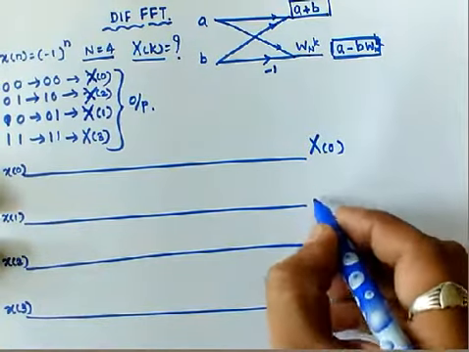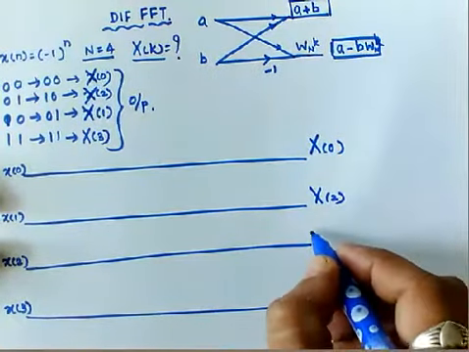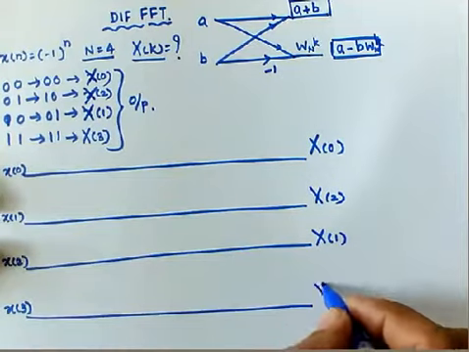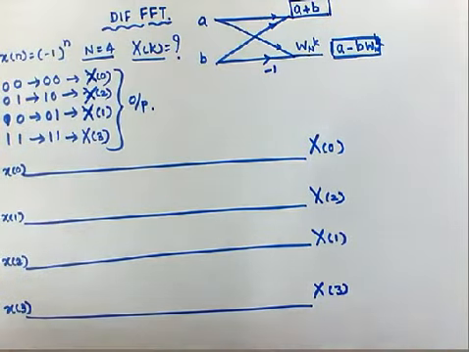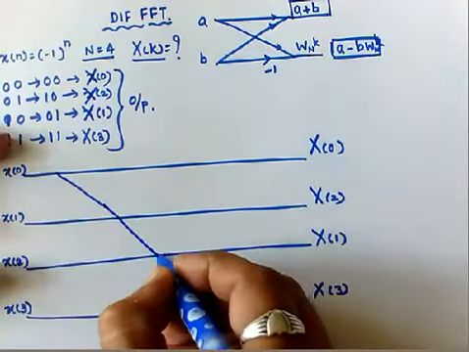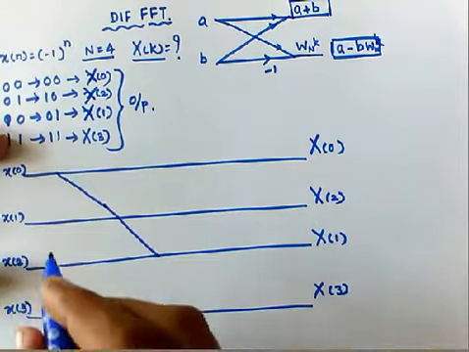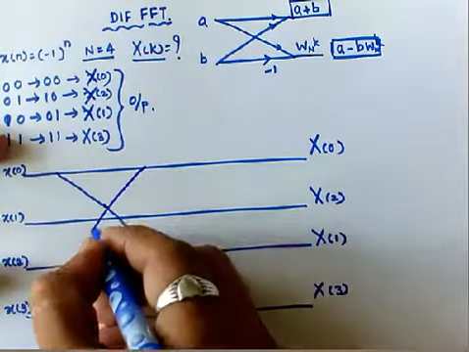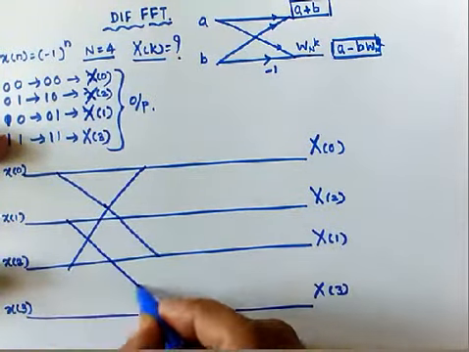So it is X of 0, X of 2, X of 1 and X of 3. So these are the outputs. Let's write down the related butterflies. So here this is formed as the first butterfly, this is nothing but the second butterfly.